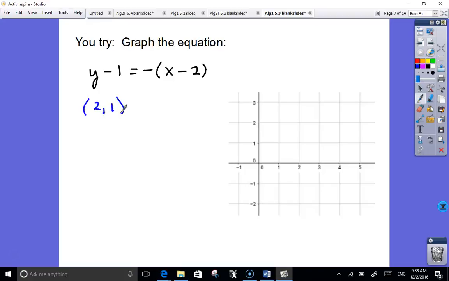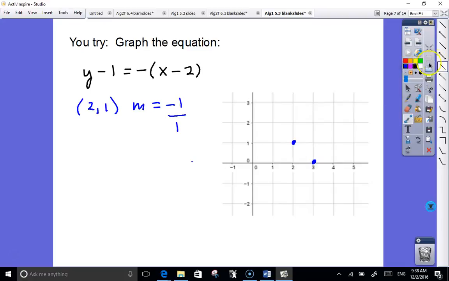It says y minus 1, that means positive 1. What is the slope? Negative 1. So plot the point (2, 1), and then use the slope. How do I use negative 1? Down 1, right 1. Then I sketch myself a line. Blue.